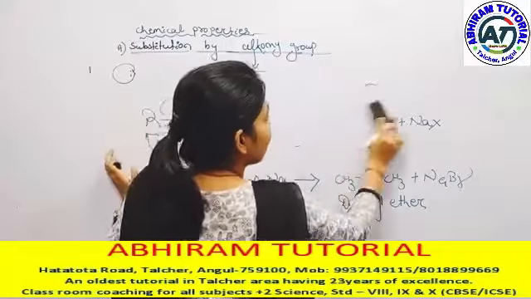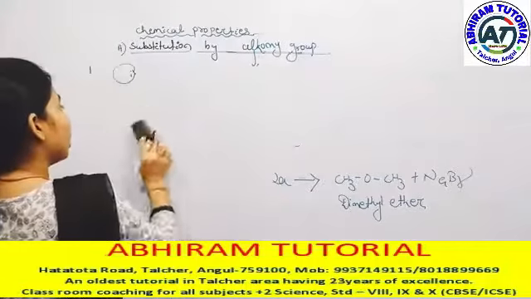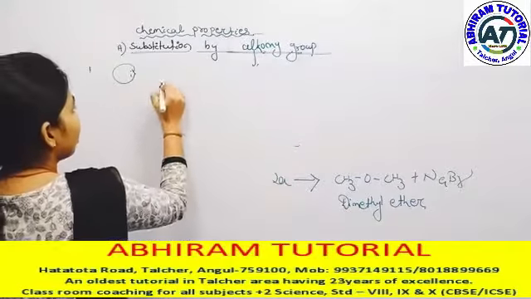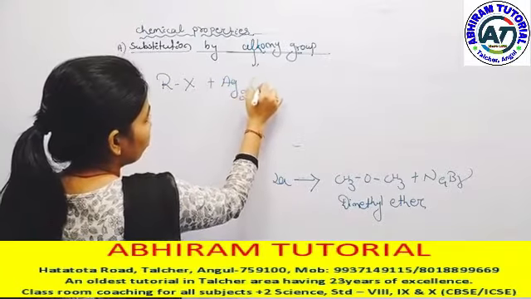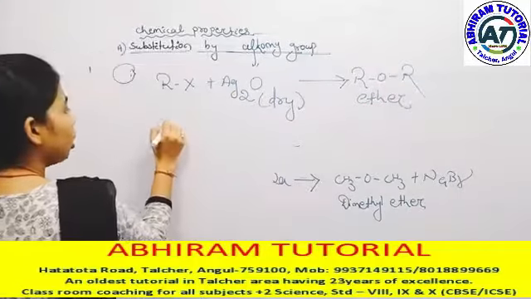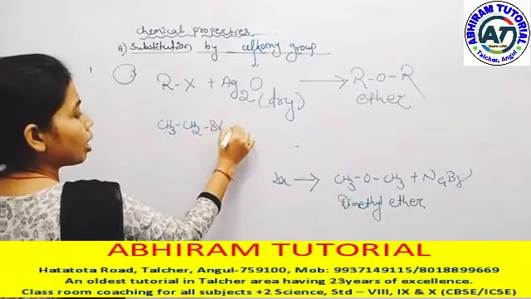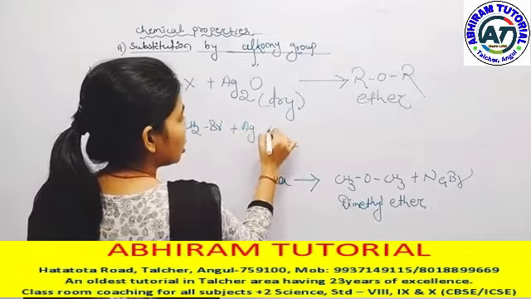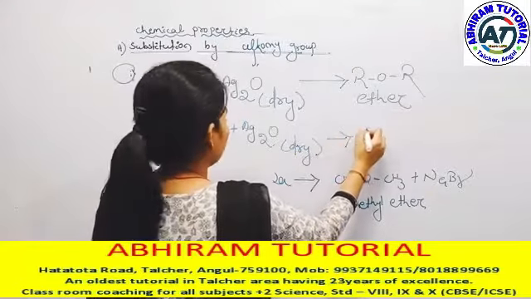If we react haloalkane with dry silver oxide, RX plus Ag2O (dry), it also gives ether. Take ethyl bromide: CH3CH2Br plus Ag2O, dry.